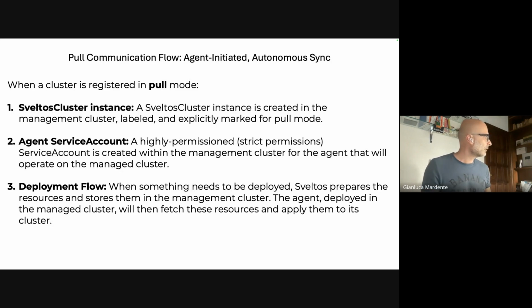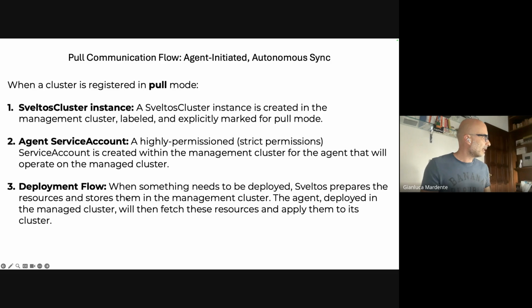If we are in pull mode, a Sveltos cluster is still registered in the management cluster, because this is where we put a label. But this cluster is marked explicitly for pull mode, which means there is no secret containing a kubeconfig, because there is no way to access this cluster. But a service account also gets created in the management cluster when this cluster gets registered, and the service account is given very limited RBAC.